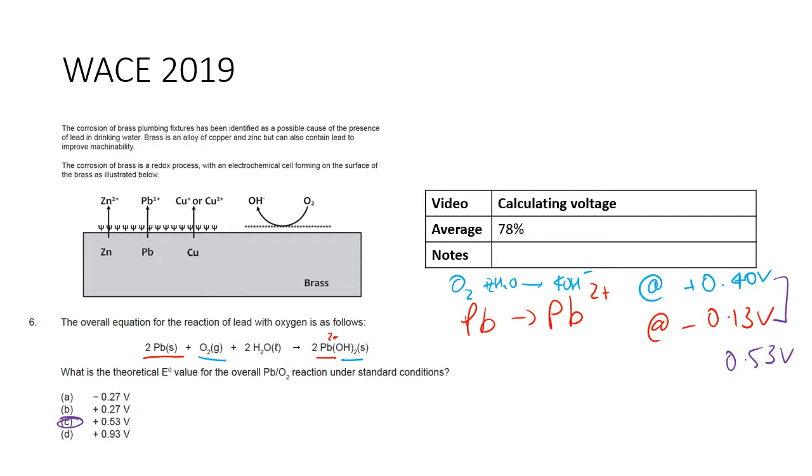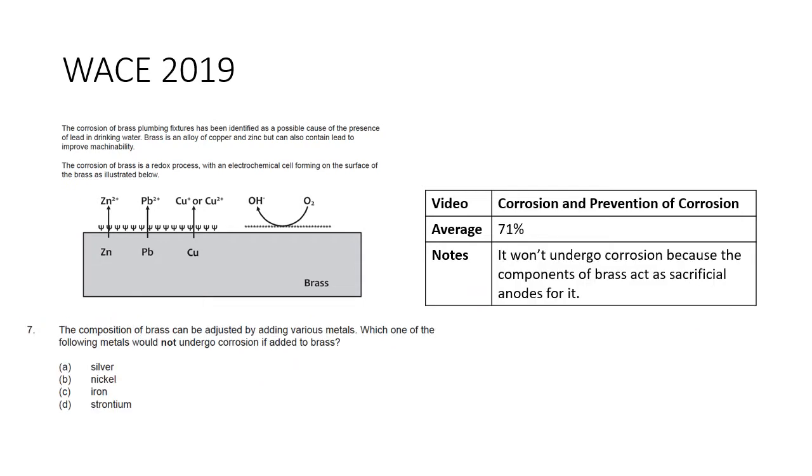Ta-da! Right, next. The composition of brass can be adjusted by adding various metals. Which of the following metals would not undergo corrosion if added to the brass? Okay, so if you're thinking about which would not undergo corrosion, why? For what reason? Why would this metal not undergo corrosion? Because the other metals are acting as sacrificial anodes for it.